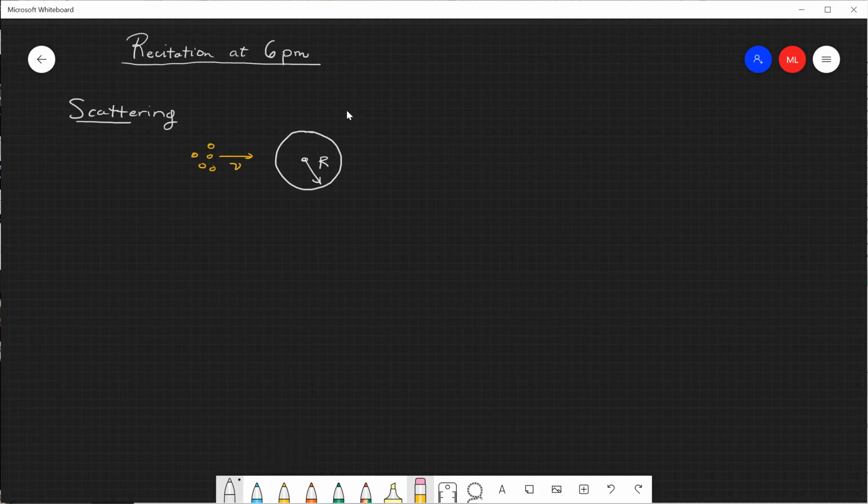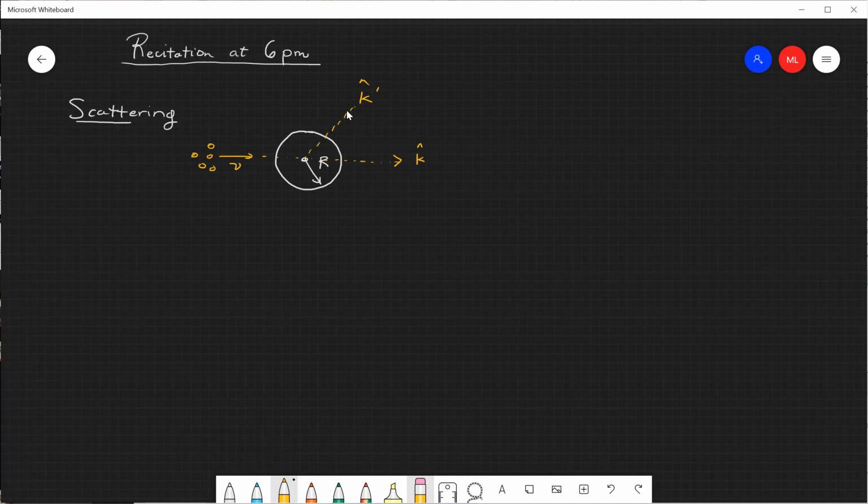And we discovered that, and again, it's convenient to parameterize things this way. This is the direction of the incoming particle beam, and then you're looking at the scattered particles in some direction, k prime.